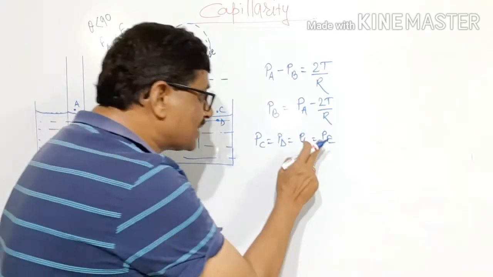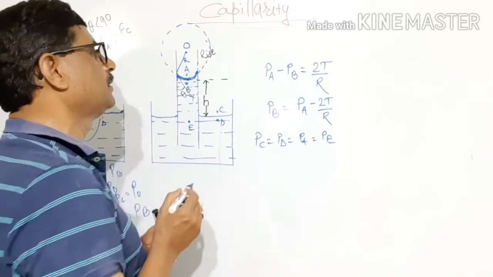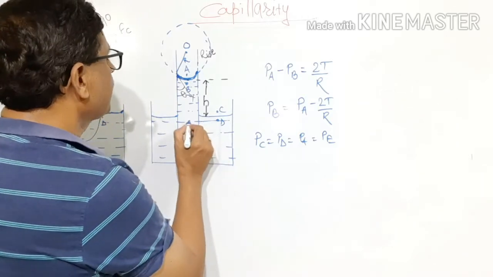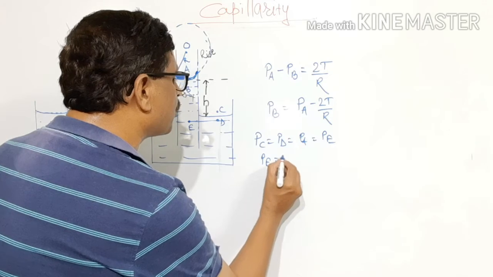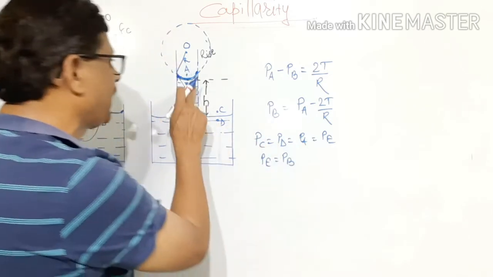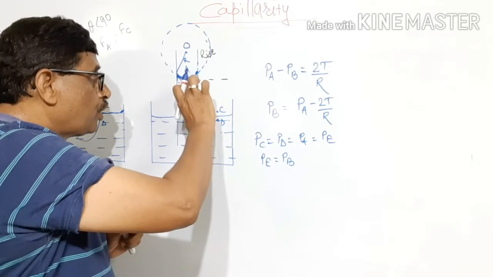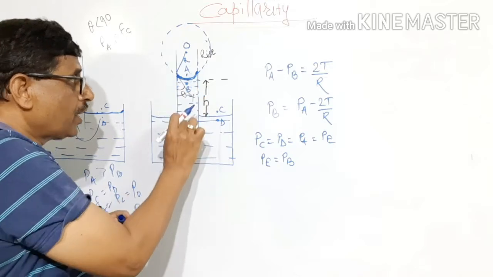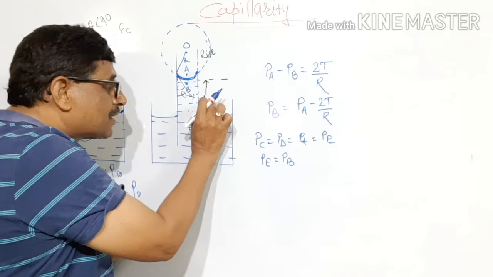Now, what you will see here is that the pressure at point E is equal to the pressure at point B plus the pressure due to liquid column B to E, and the liquid column B to E has a height h.